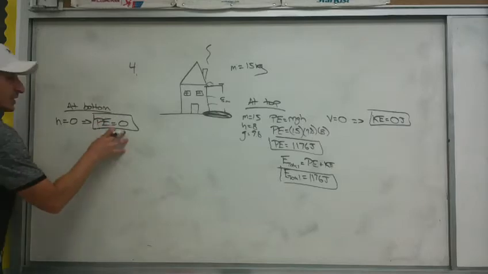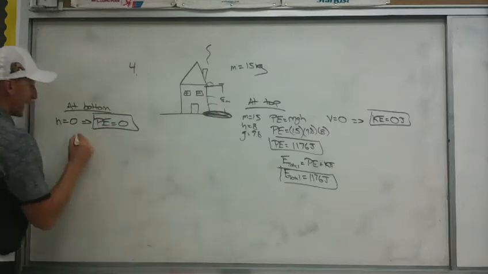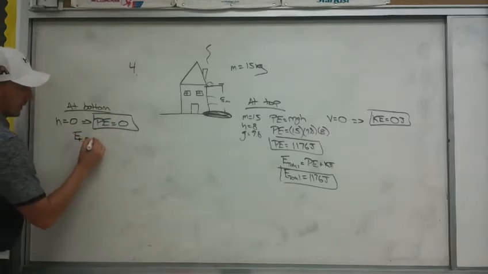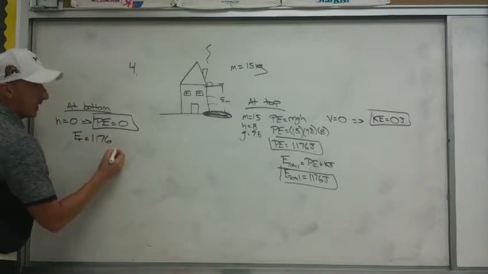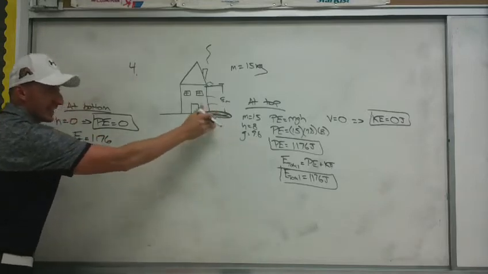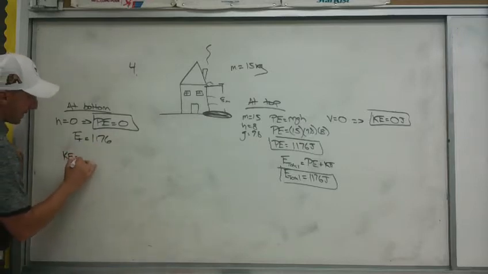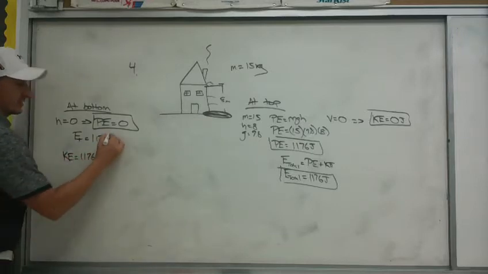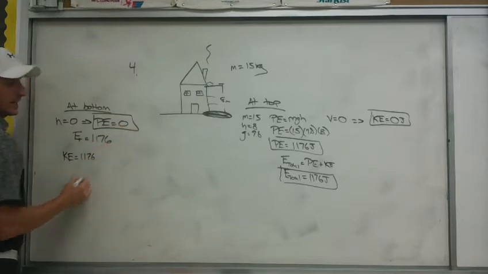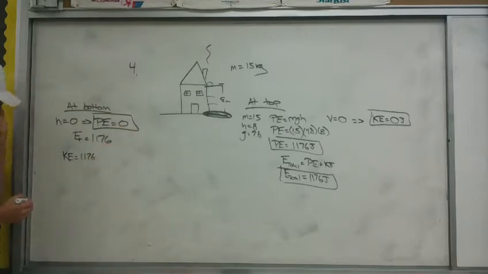Now, if my potential energy is 0, and I know my energy total is 1176, because I found it at that point, so it's the same at every other point, I know that my kinetic energy must be 1176 to make the energy total 1176. I think that's letter A, it asks you to find the kinetic energy.